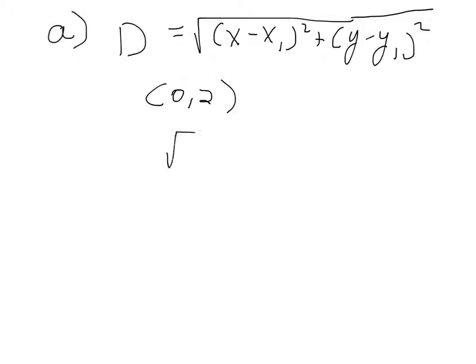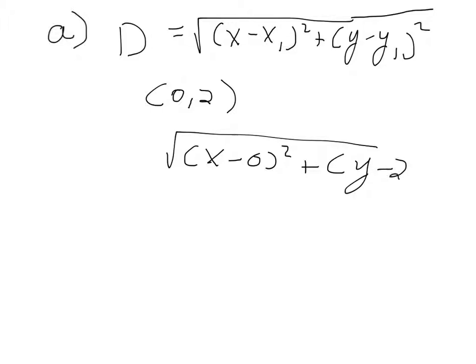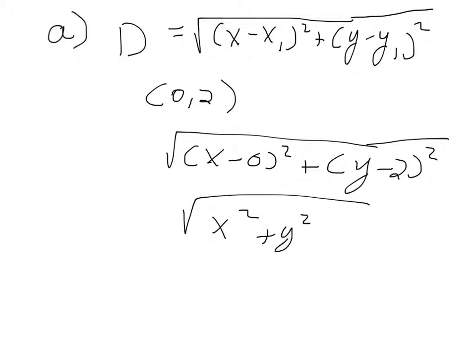So it's going to be x minus 0 squared, like the previous problem, but now instead of y minus 0, it's going to be y minus 2 squared. And so here you can simplify it down, and you're going to get root x squared plus y squared minus 4y plus 4.